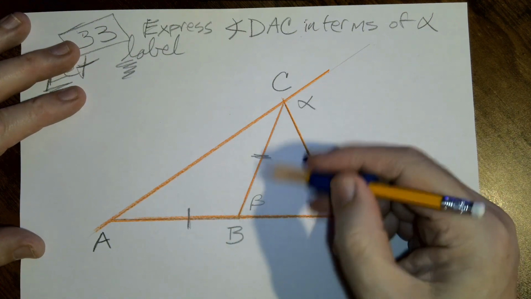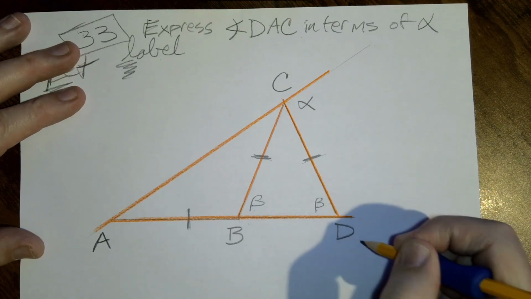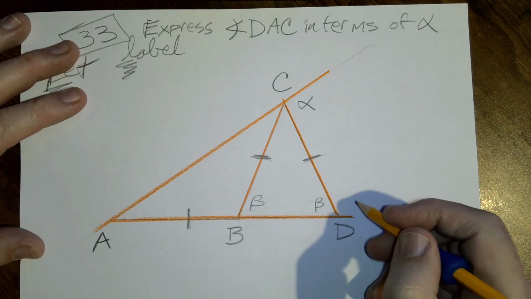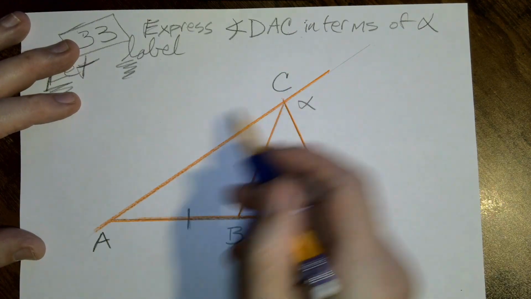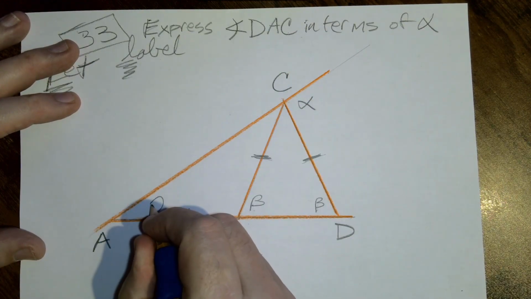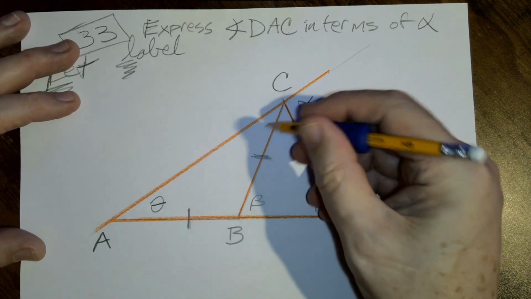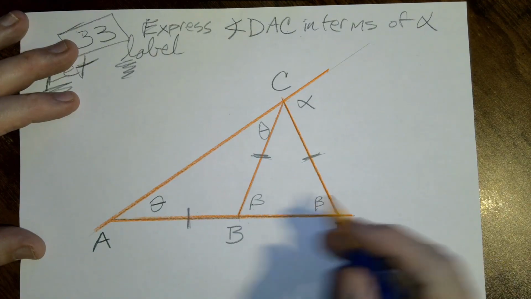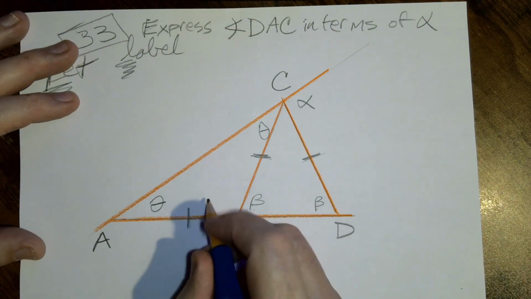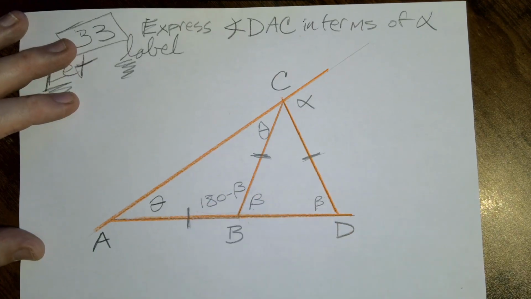And because this is an isosceles trigon, this angle here will also be called beta. And just to make it easier, instead of talking about this angle here, let's refer to its measurement just as theta. And because this is an isosceles trigon, this right here is also theta. This is a linear pair, so we know this is 180 minus beta.